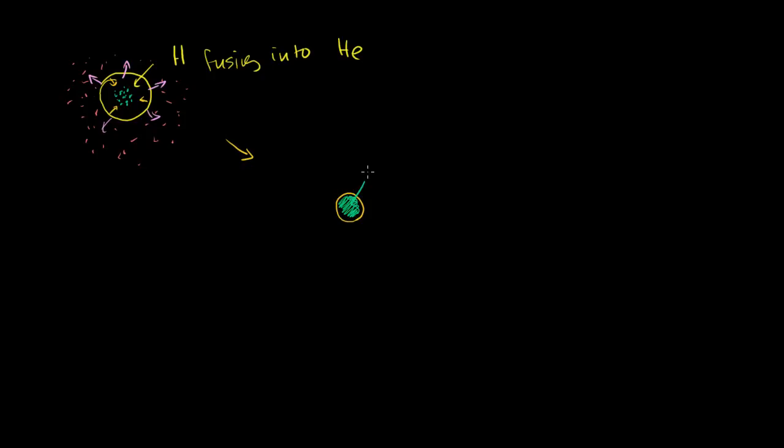And let's just get to the extreme point where it's all helium, where it's depleted. But it's been shrinking. It's much denser. That same amount of mass that was in this sphere is now in a denser helium sphere. So it's going to have just as much gravitational attraction, but things can get even closer to it. And we know that the closer you are to a mass, the stronger the pull of gravity.